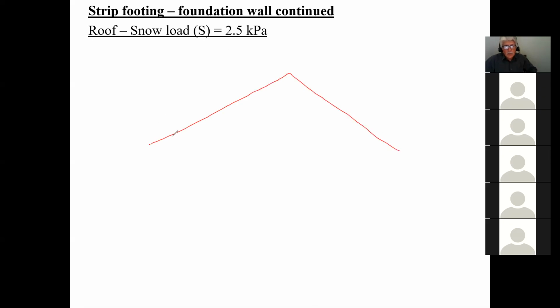Here is my roof structure, right? So far, I said that my dead load of all this was about 0.6 kPa. When I'm going to be calculating the actual width of this roof, I'm going to go from there to there.